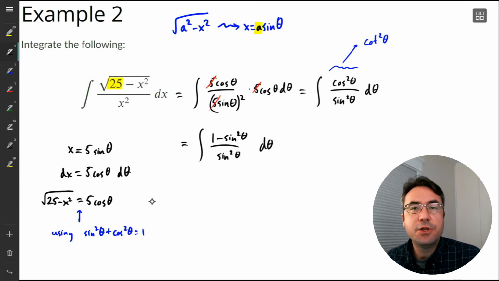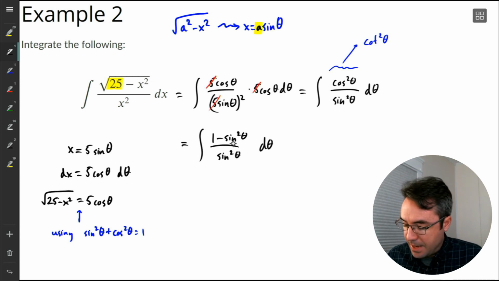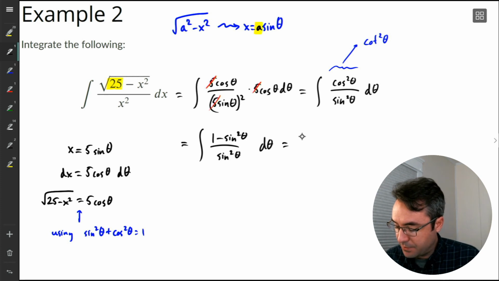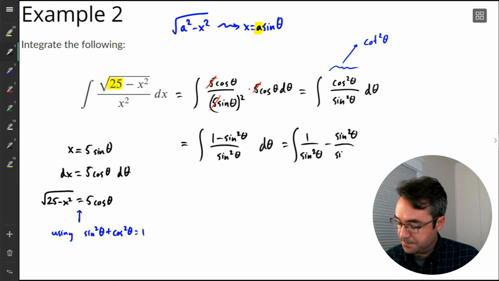We're using our usual sine squared plus cosine squared trig identity. And when we see this, we have 1 minus sine squared all over sine squared. So we can actually break this up into two separate fractions. So 1 over sine squared theta minus sine squared theta over sine squared theta, d theta.